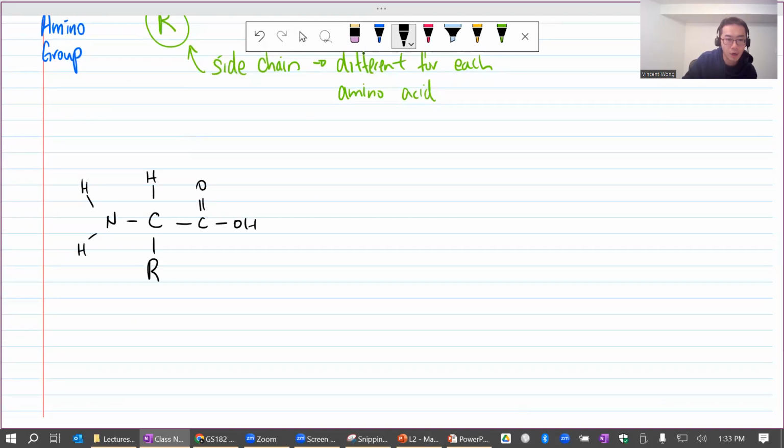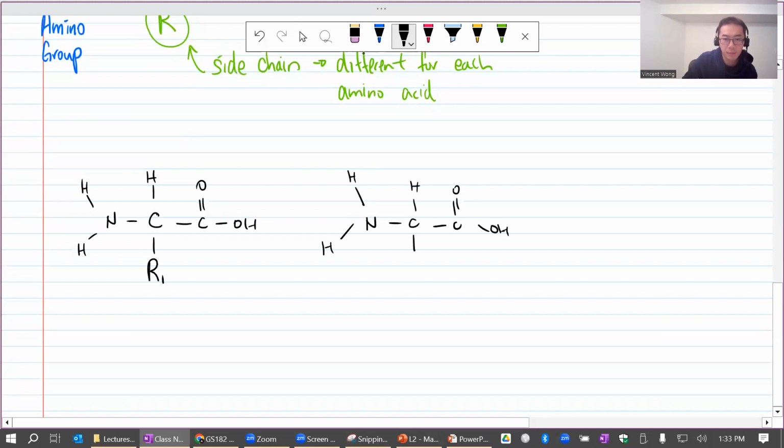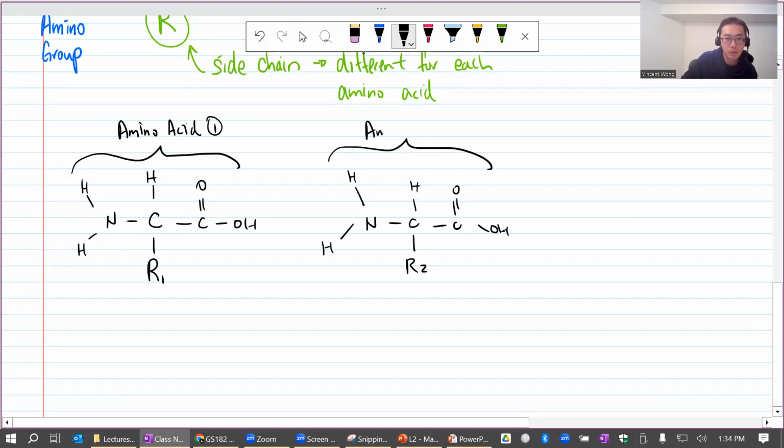That's one of them, and this is R1, as in side chain number 1. And I'm just gonna draw another one right here. It's exactly the same thing, but this one I'm gonna call R2. So this here is amino acid 1. This here is amino acid 2.